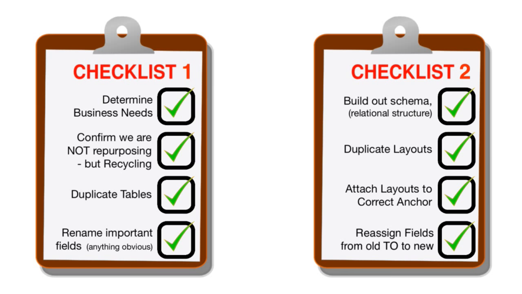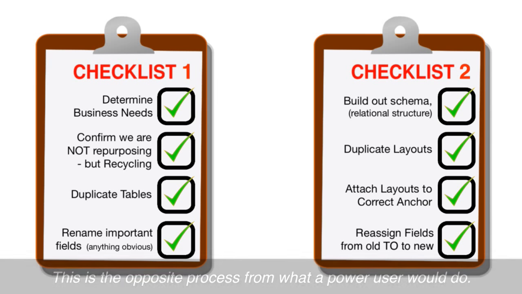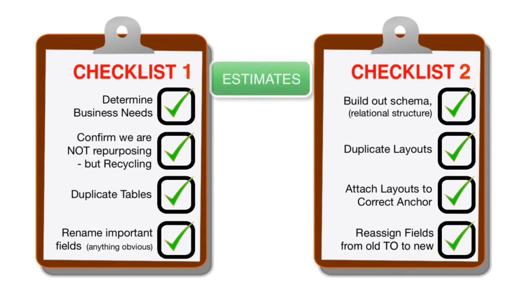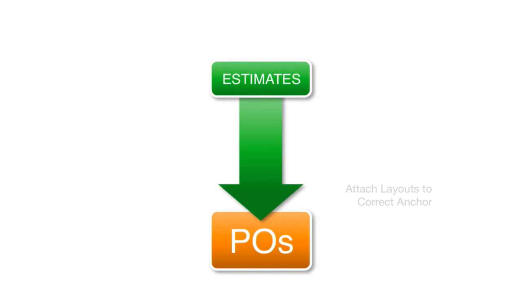Now, as I mentioned early on in the video, this process that we just did here is the opposite process from what a normal user will do. A normal developer or power user will simply build the layout and start dragging, dropping things on there and moving things around, and that's how they will construct it. However, in this case, we knew from the outset that we wanted to recycle the estimates module. And because of that, we kind of built everything backwards, if that makes sense.